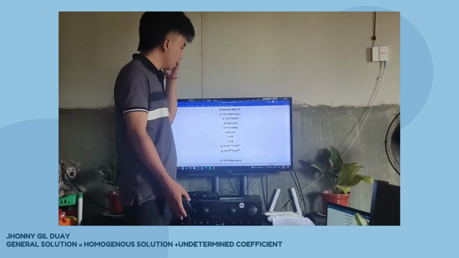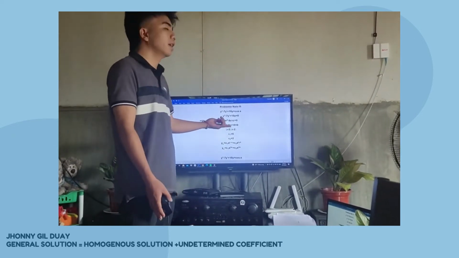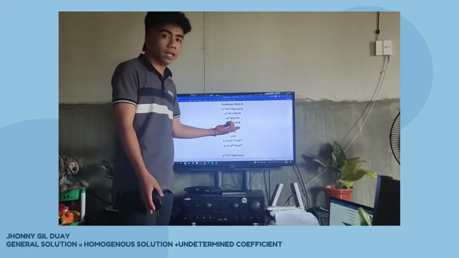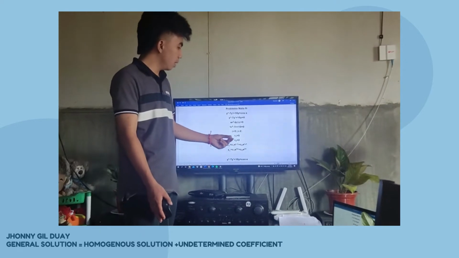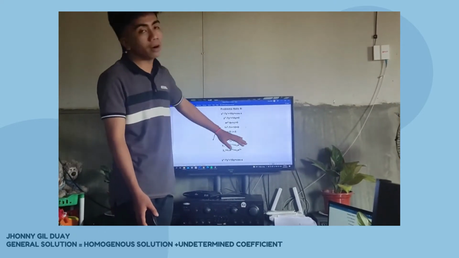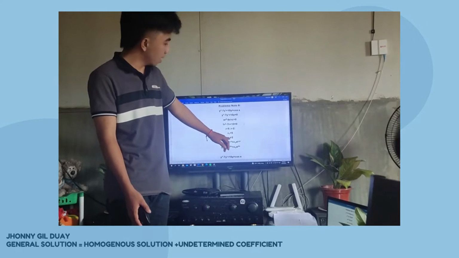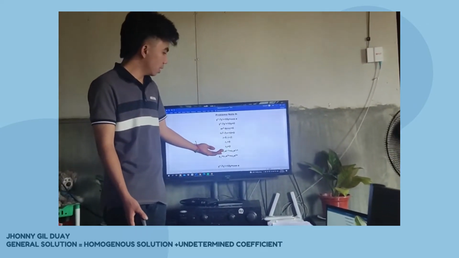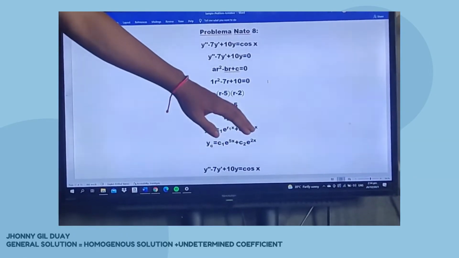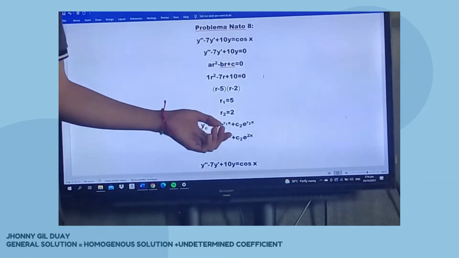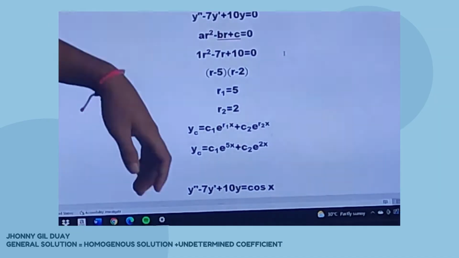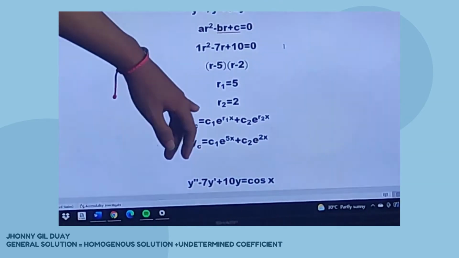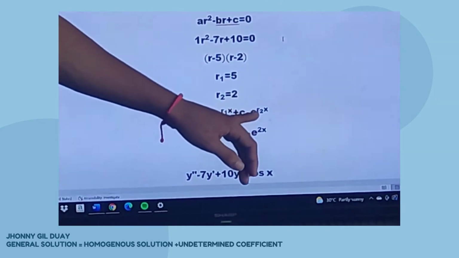Numbers that have the sum of negative 7 and the product of 10 will be negative 5 and negative 2. So our roots will be r1 equals 5 and r2 equals 2. This is the formula to get the complementary solution: y sub c equals c sub 1 e raised to r sub 1 of x plus c sub 2 of e raised to r sub 2 of x.